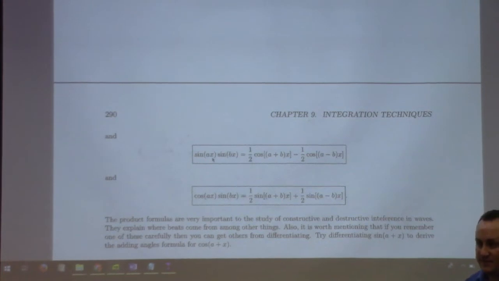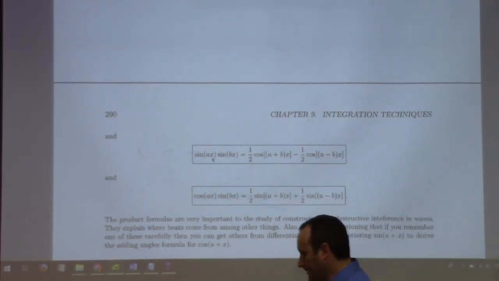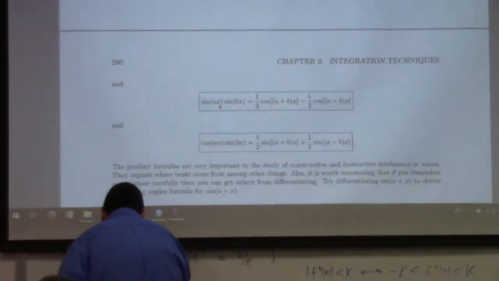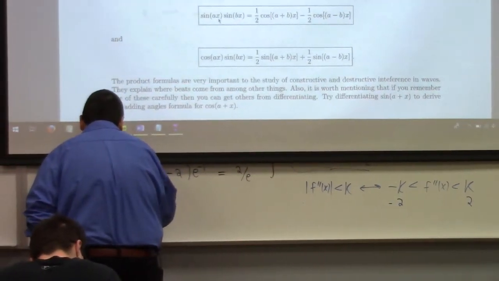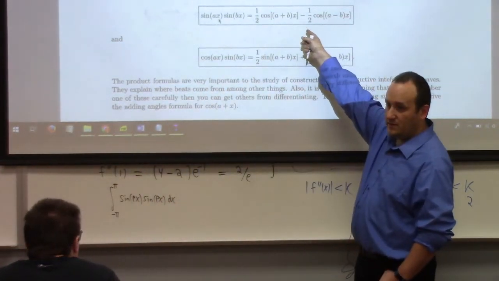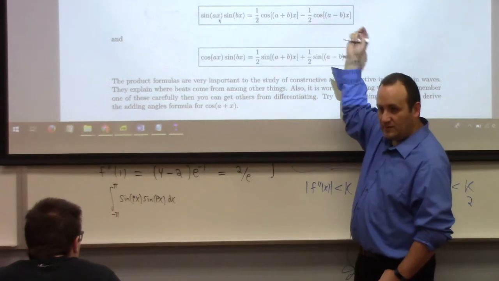On the other hand, when p is equal to q, something else happens, right? When p is not equal to q, you can use this identity to do the integral, and after you go through that, you should get 0.